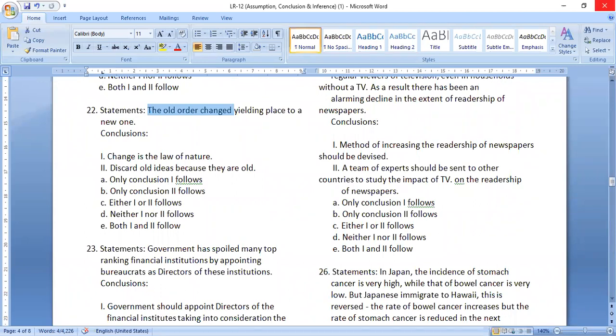So when you say the old order changed, yielding place, making place to a new one, I think that there is, therefore, change is the law of nature. So if we perceive it as a general statement, it makes sense. But if the old order was referring to something specific, then I don't think the statement change is the law of nature would work.